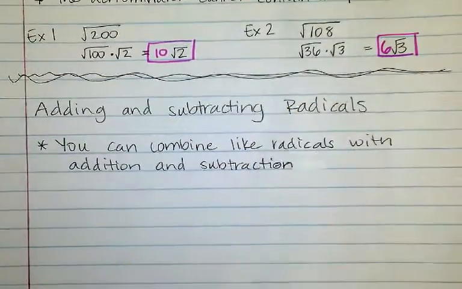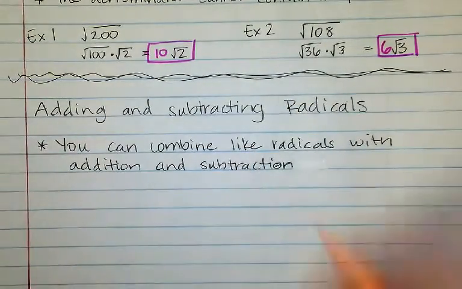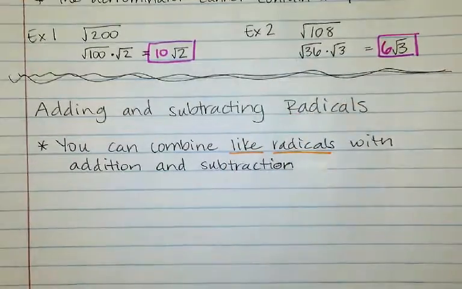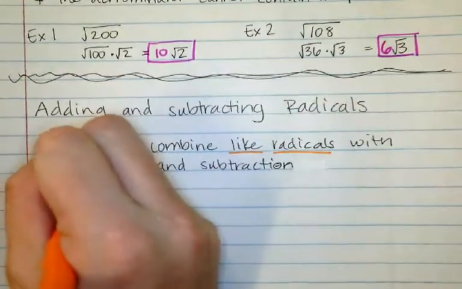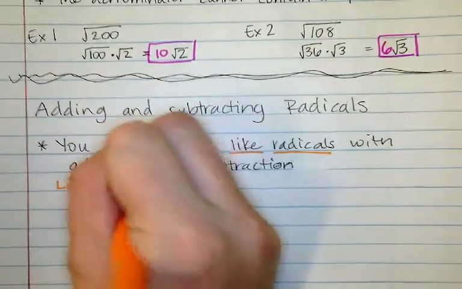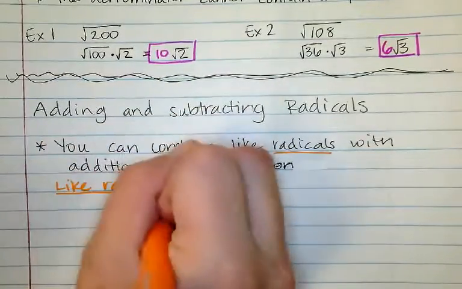There we go, with addition and subtraction. But guys, like radicals, what is a like radical? Well, let me define it for you guys. A like radical is very similar to a like term.